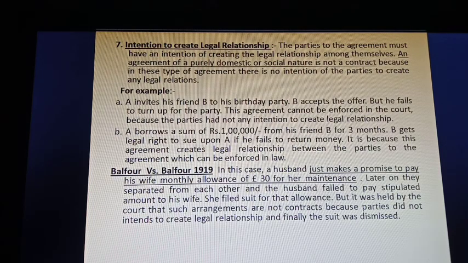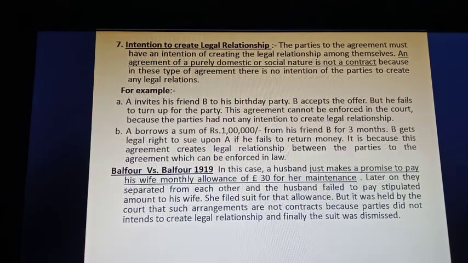Thereafter, the wife filed a suit for the allowance which was promised by the husband, but it was held by the court that such arrangements are not contracts because the parties did not intend to create a legal relationship, and finally the suit was dismissed from the court.